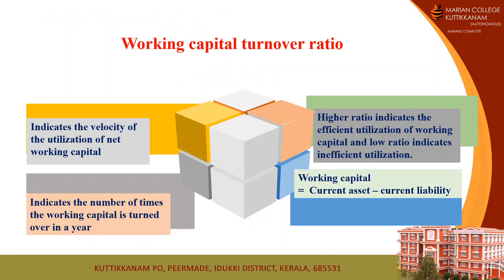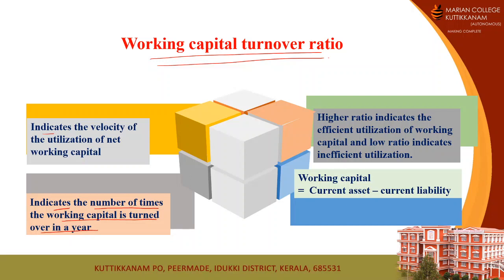And now we will see the last ratio that comes under turnover ratio, that is working capital turnover ratio. So this working capital turnover ratio indicates the velocity of utilizing the net working capital. And also, this working capital turnover ratio indicates the number of times working capital is turned over in a year.